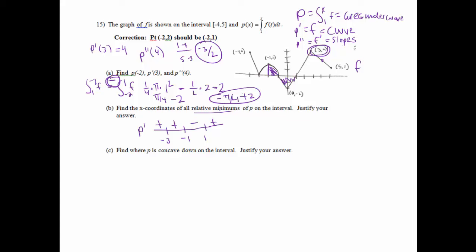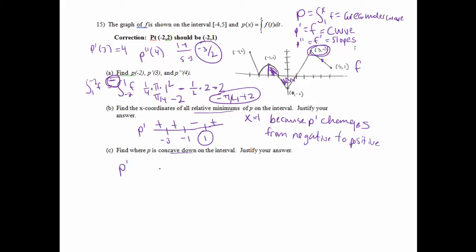So if I'm looking for a relative minimum, I'm looking for where p prime would change from negative to positive, which would just be at x equals 1. So when it said coordinates of all relative minimums, that would occur at x equals 1. And my reasoning would be because p prime changes from negative to positive.